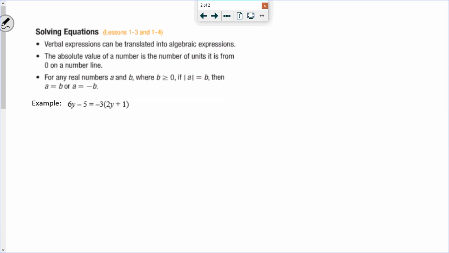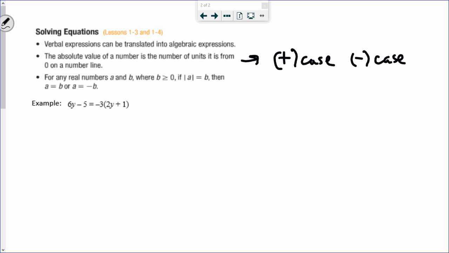Solving equations. Verbal expressions can be translated into algebraic expressions. The absolute value of a number is the number of units it is from 0 on a number line. So here, we solve absolute value equations. We want to think about having that positive case and the negative case.